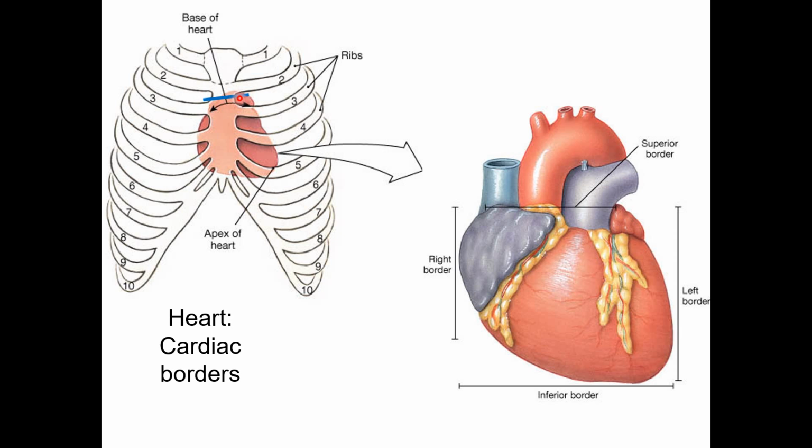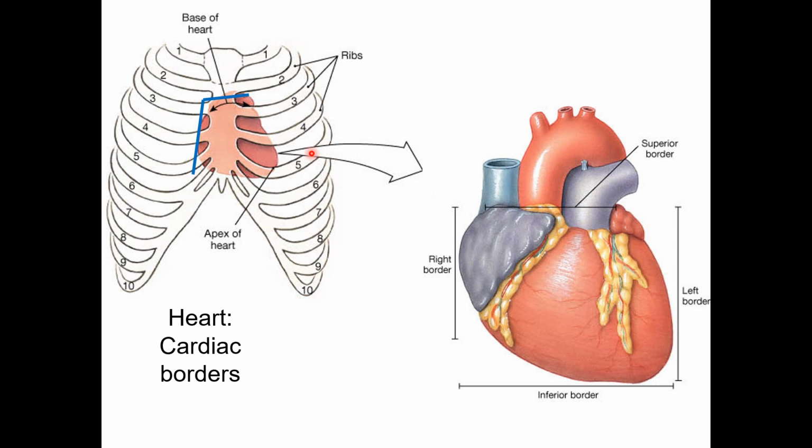The superior border is formed by the atria, right atrium and left atrium, but the atria are hidden by two large arteries, the pulmonary trunk and aorta, with the superior vena cava.